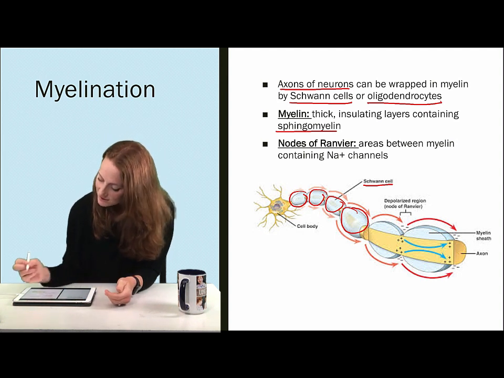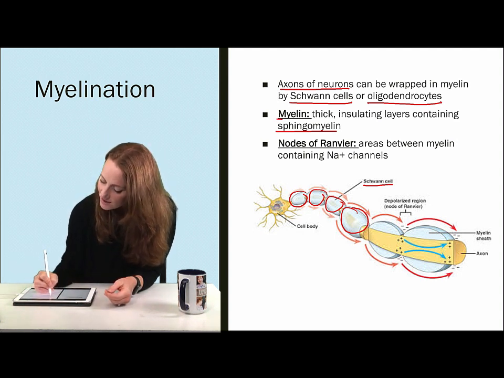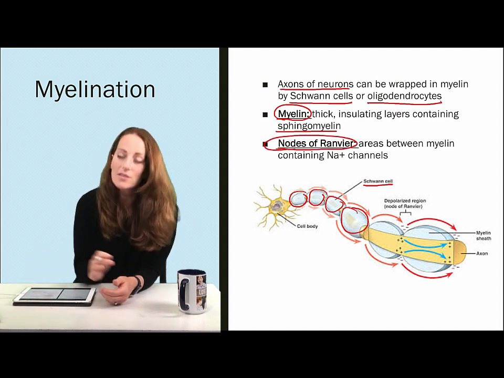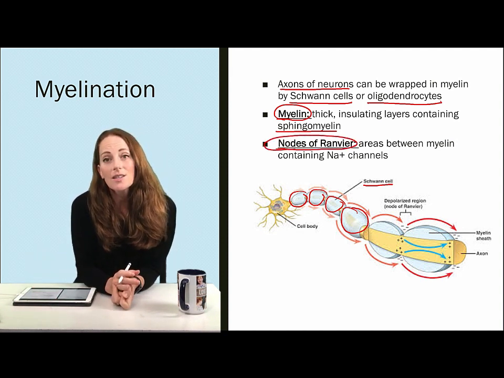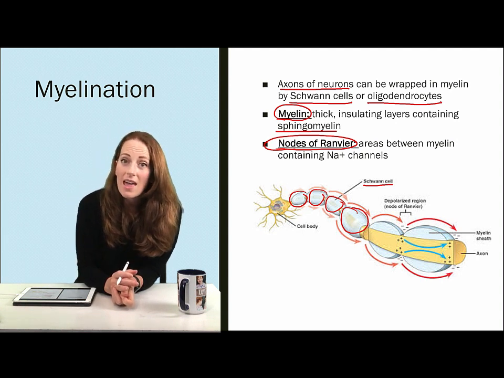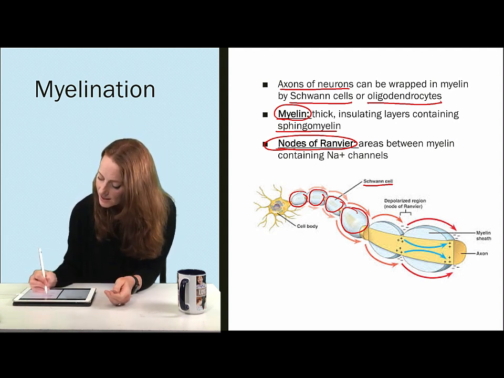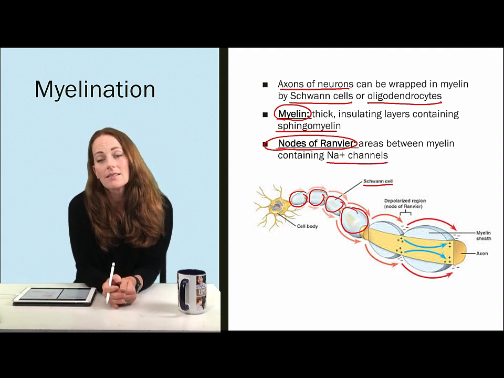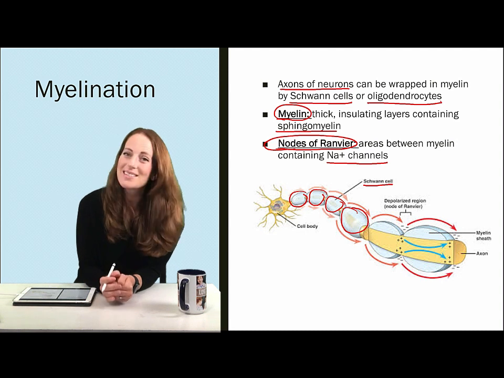So what they do is they have areas of myelin and areas in between where there's no myelin. The areas where there's no myelin are called the nodes, or the nodes of Ranvier. These are areas that are highly concentrated with sodium channels in between areas of myelin. How does this work?